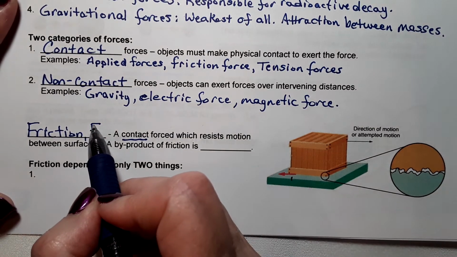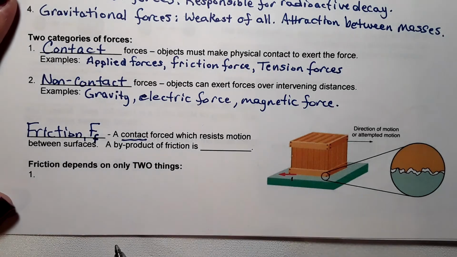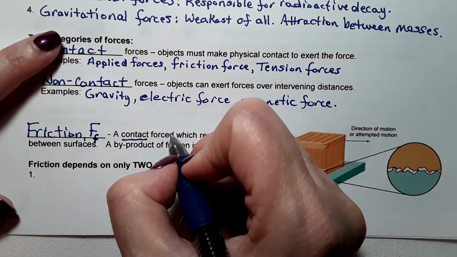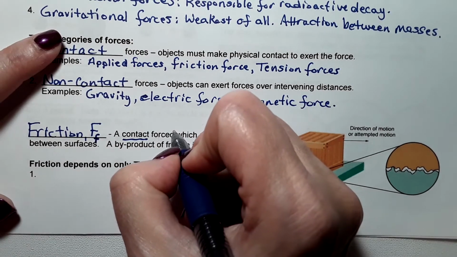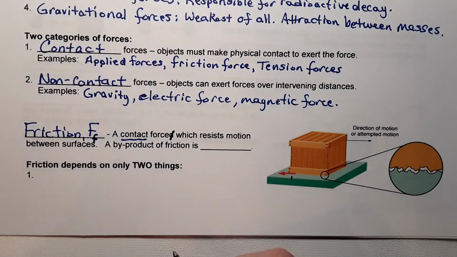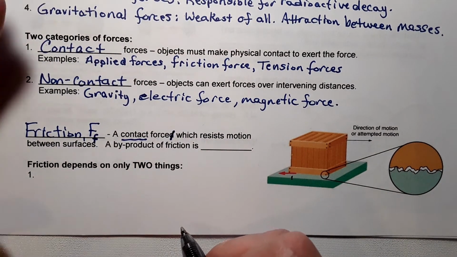Friction, force. Little f for friction, big F for force. Friction force. And it is a force, oops, I see there's a typo there, a contact force. Get rid of the D on the word force right there, a contact force, which resists motion between surfaces.